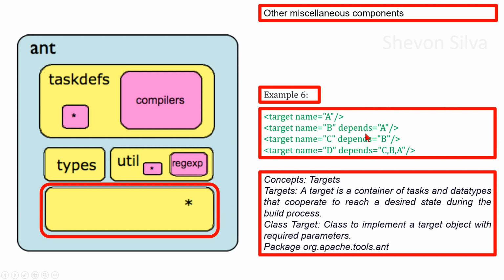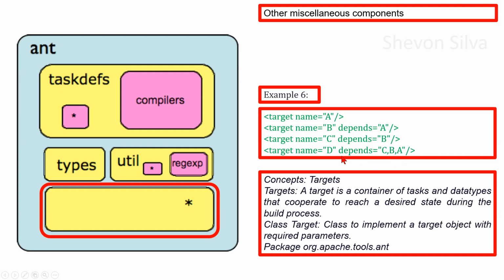Keep in mind that it is possible that a target can get executed earlier when an earlier target depends on it. Suppose we want to execute target D from its depends attributes. You might think that first target C, then B, and then A is executed.